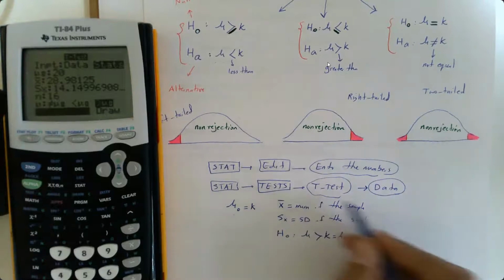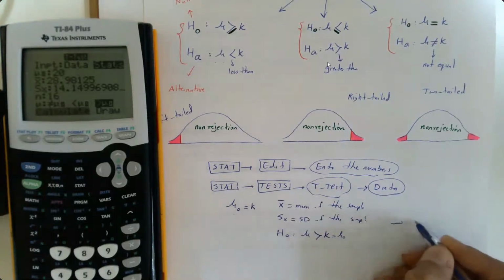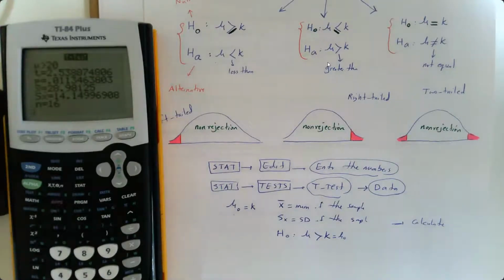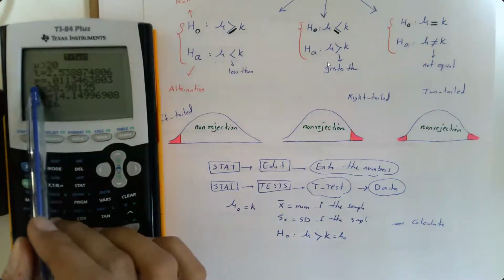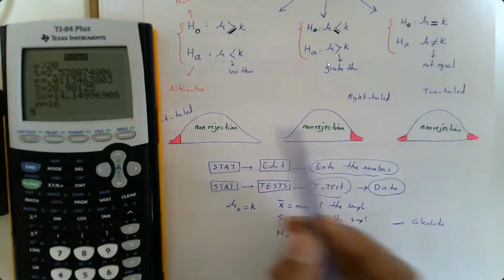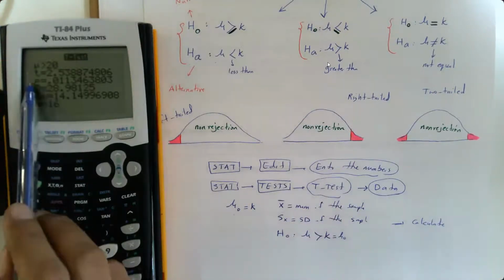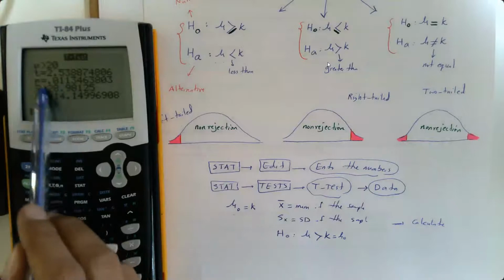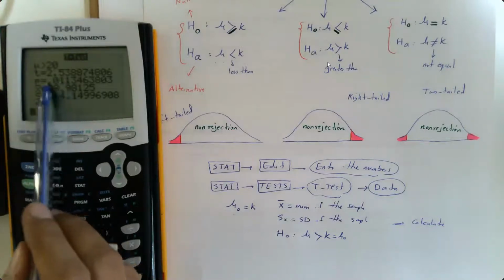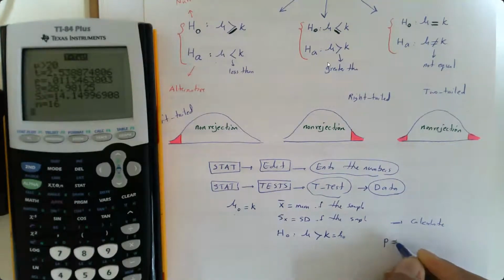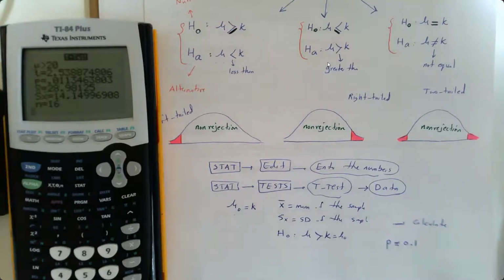So after entering all of this information, go to calculate. We're looking for the p-value. What is our p-value? P-value is the area of this rejection region. P-value is given to us as, if you take a look at this, this is very small. It's almost 1%. So p is almost 1%. This is what you are looking for.